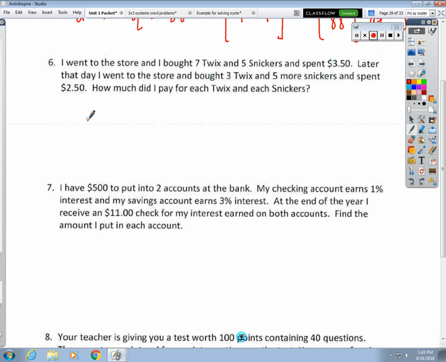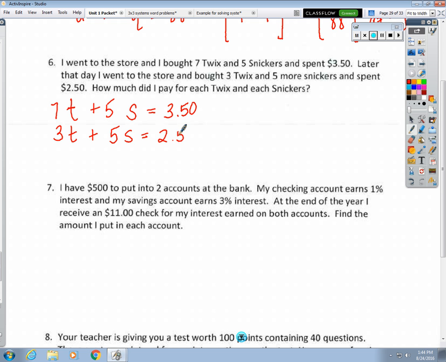Okay, what's your first equation going to look like? What variables do you want to use? T and S. Okay, and I'm going to make it like a curved T so it doesn't look like a plus sign. What do you need to put on T and S for the first statement? 7 and 5. Okay, so when that's the combination you bought, the total was 350. Okay, what's your second equation going to look like? 3T and 5S equals 250.